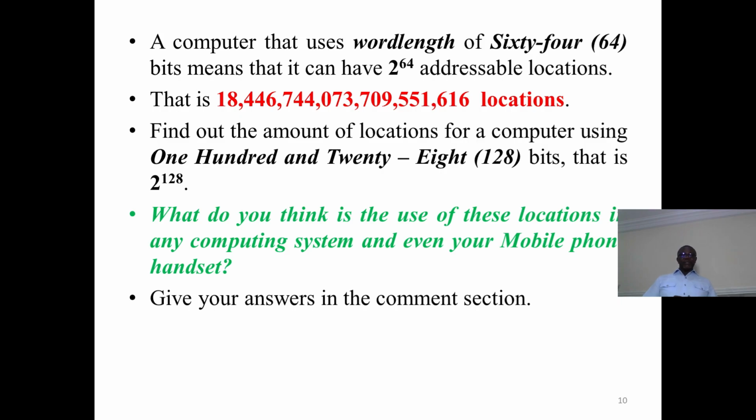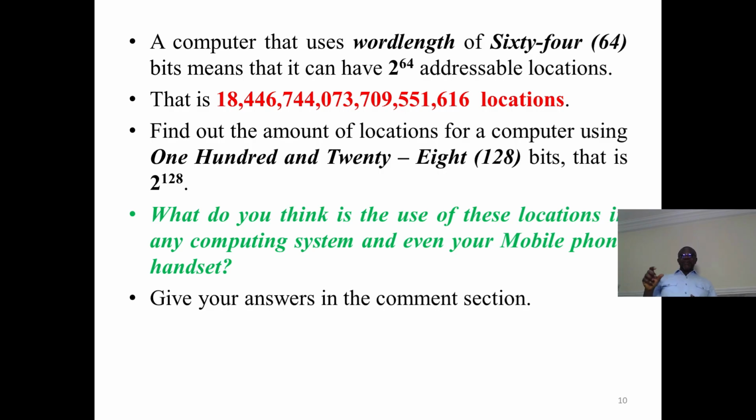So my question is, if you use a computer with 128 bits, you will have 2 raised to power 128 locations. Use your calculator to see what it will give to you.